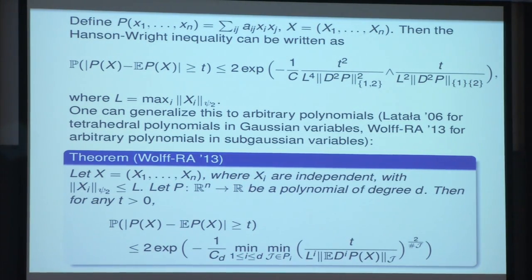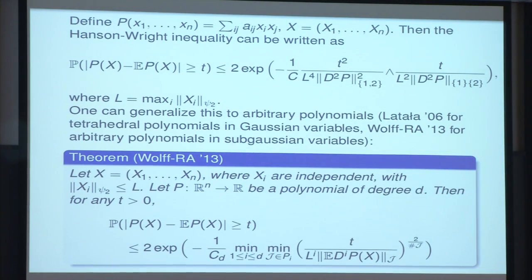This is a consequence of the fact that here I don't assume that my variables are centered. The Hanson-Wright inequality was stated for centered variables. If you want to use it for variables which are not centered, you have to center the variables, and then an additional linear form will appear, which will give you the missing terms, which are here. And second, here I have the expected derivative.